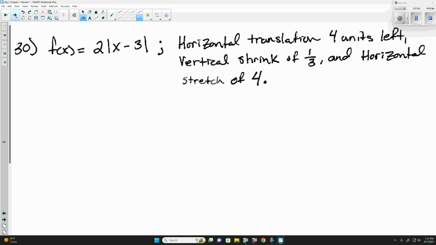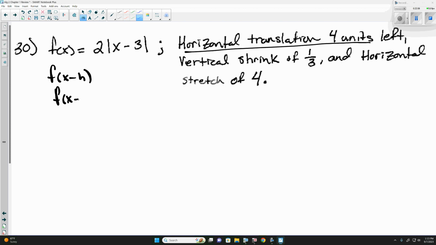Because again, even if we have more than one, we're just doing the same process again and again. We do it in the order that they show up. Now the first one's a horizontal translation of 4 units left. So we're moving left or right, so again, we have f of x minus h. Now unlike reflections, we have to actually plug a value in.